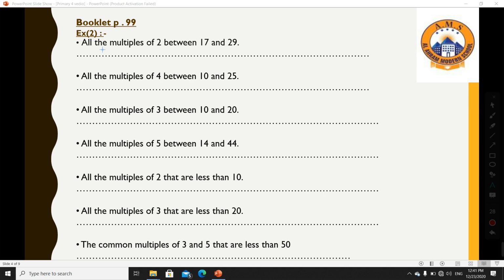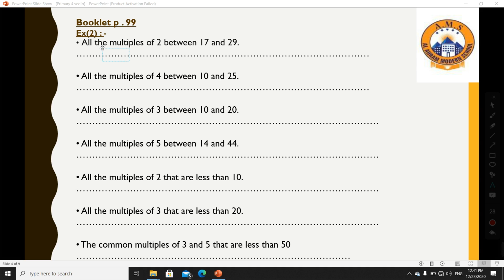Here, I need you to tell me what are the multiples of 2. So all the multiples? No, only the multiples between 17 and 29. So I will not take 17 with me and I will not take 29, only the numbers in the middle between them. So remember table 2.